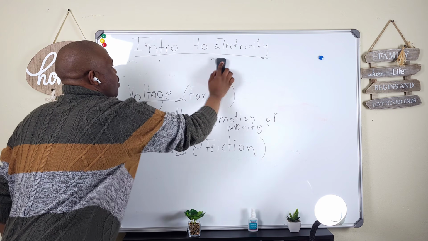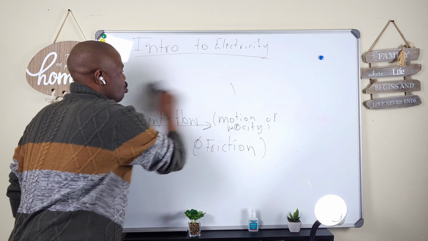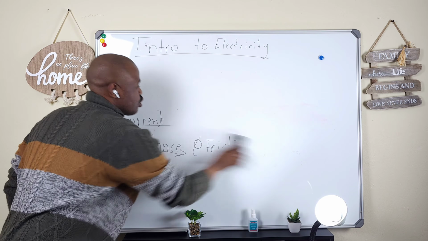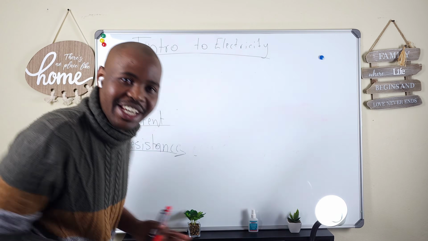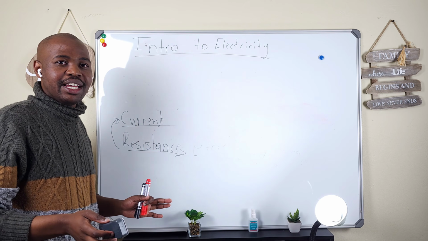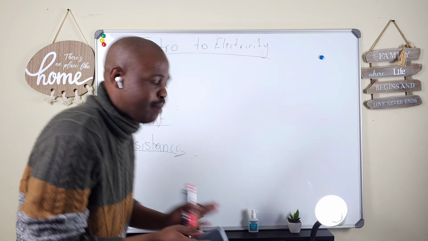And in order for electricity to move, it has to move through something. Electricity cannot move in a vacuum.